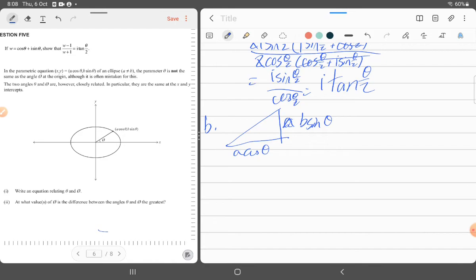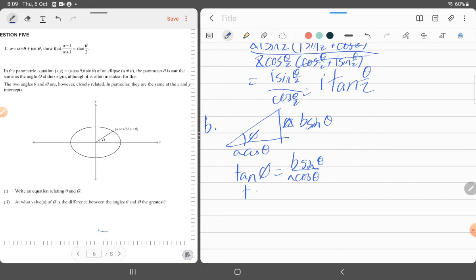Then I think we can just, this is phi, so tan phi is equal to b sine theta over a cosine theta.